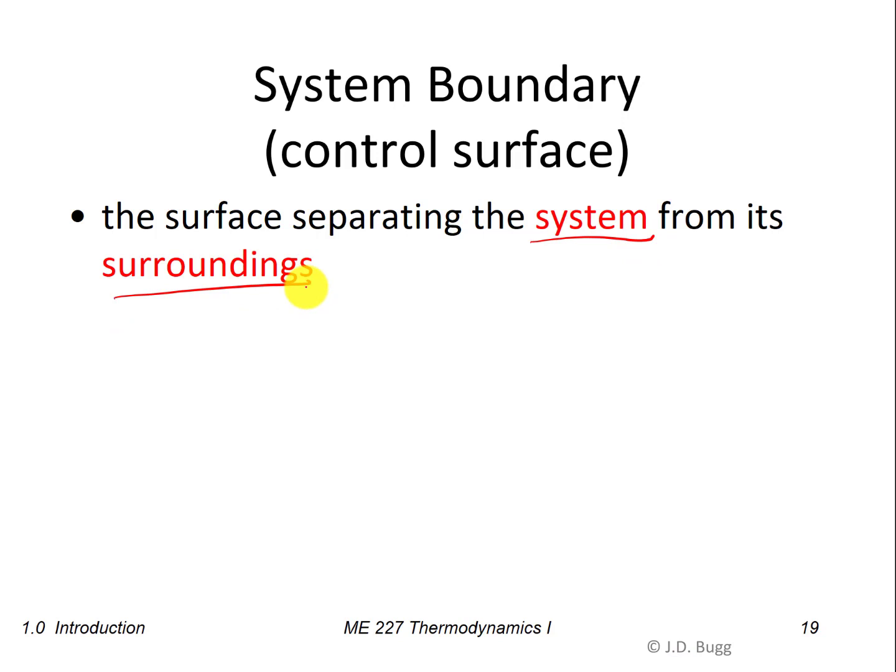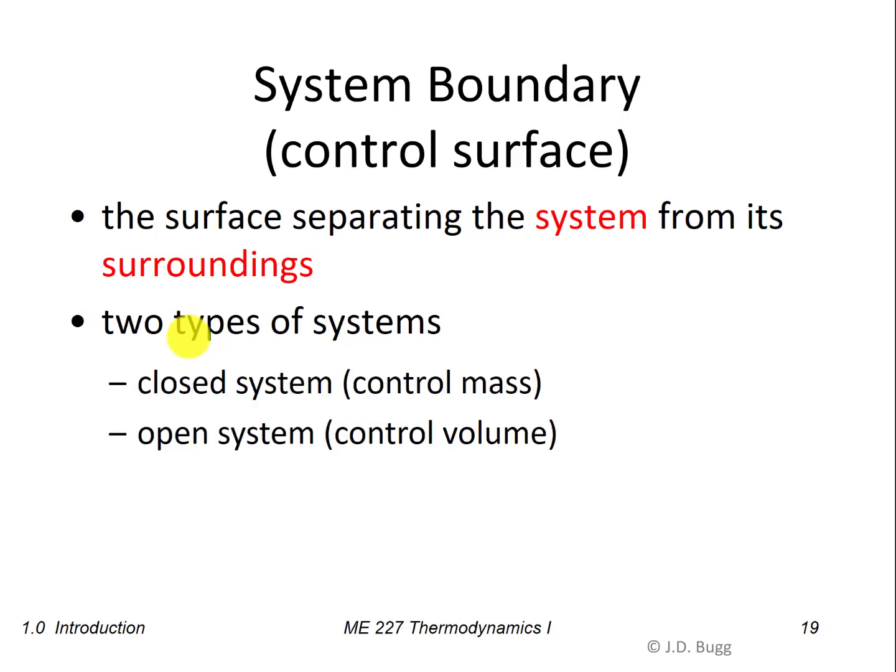We'll be talking a lot about heat and work transfers across the system boundary, and eventually when we look at open systems, there'll be mass transfer across the boundary as well. There are two types of systems that we're going to look at: closed systems, also known as a control mass, and open systems, also known as a control volume.